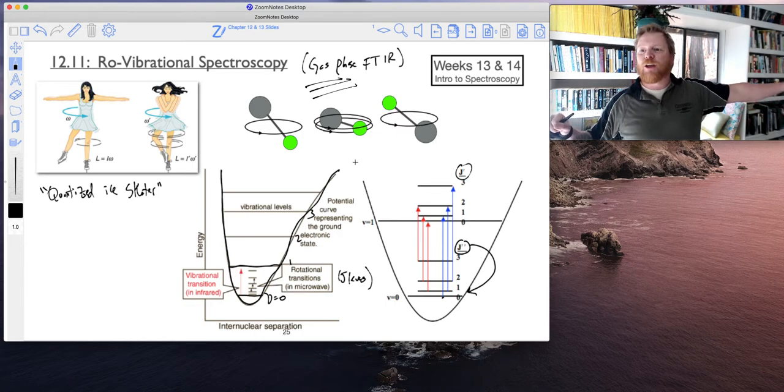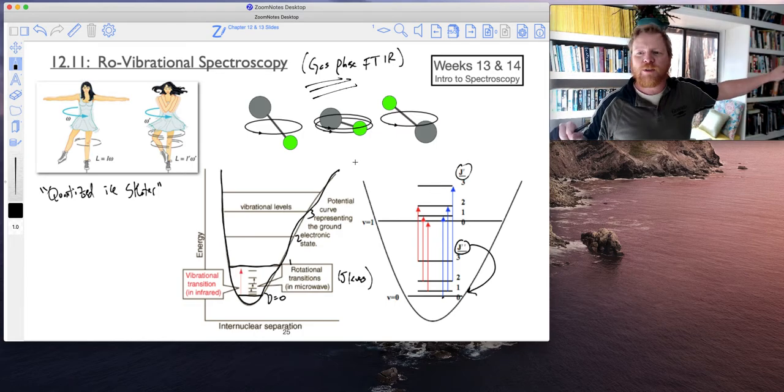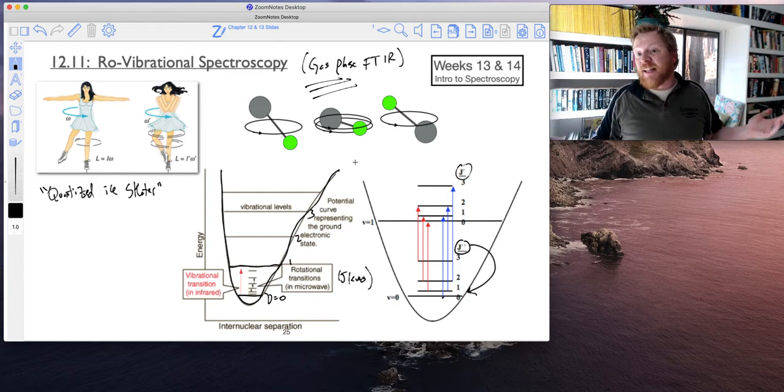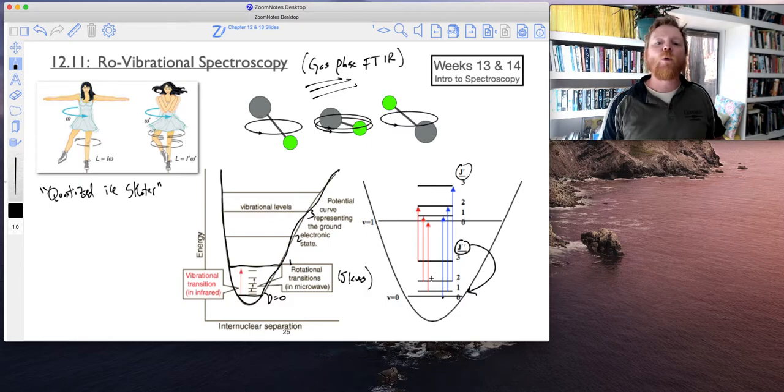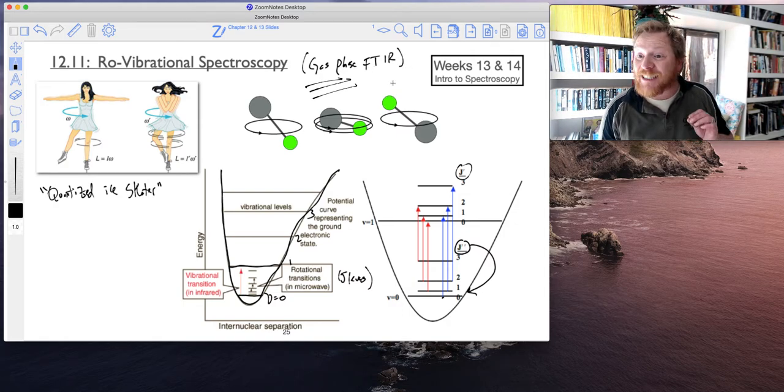There might be another molecule that it's hydrogen bonded to, that's preventing it from rotating. Or certainly in a solid lattice, you can imagine how that will prevent a molecule from being able to rotate. So we only see these types of transitions in FTIR with gas phase molecules. Okay? So let's be very clear about that.